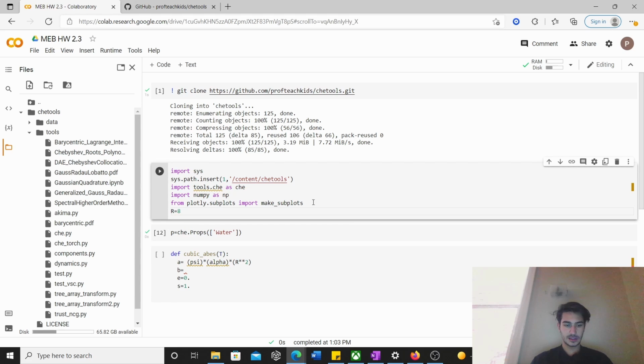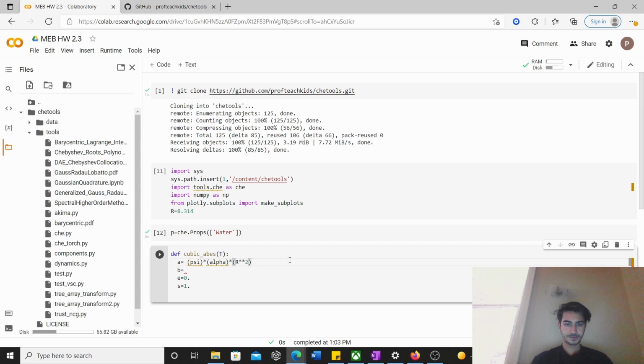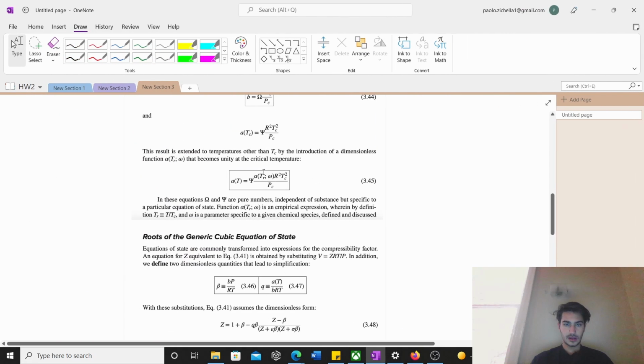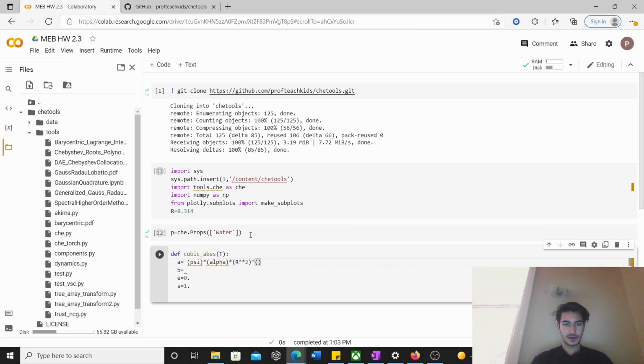We know that it is 8.314. It remains the same. After the gas constant squared, we have the critical temperature squared, and for this we simply put P dot Tc, going back to the property that we put in right here.